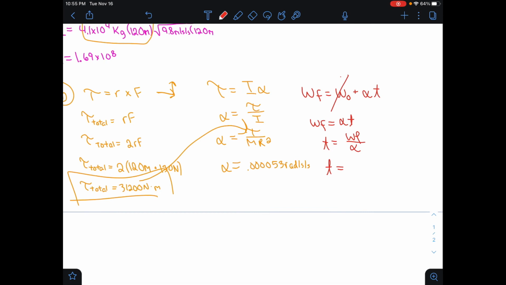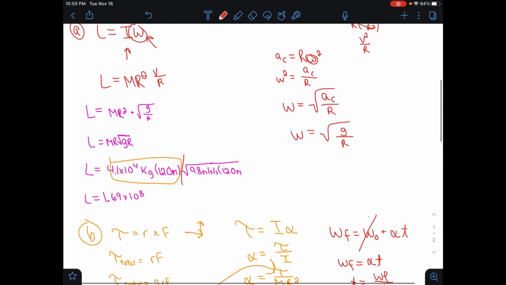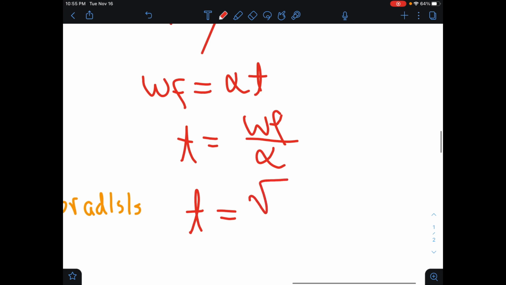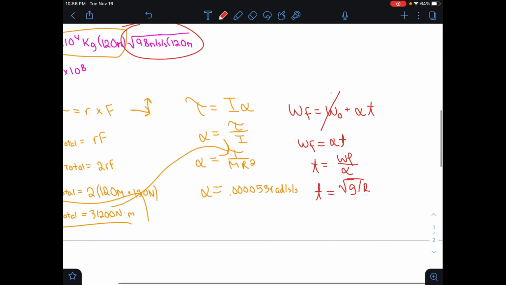So this time is going to be our final, which, if we go back to part A, is our G value over our R value. Sorry about that.